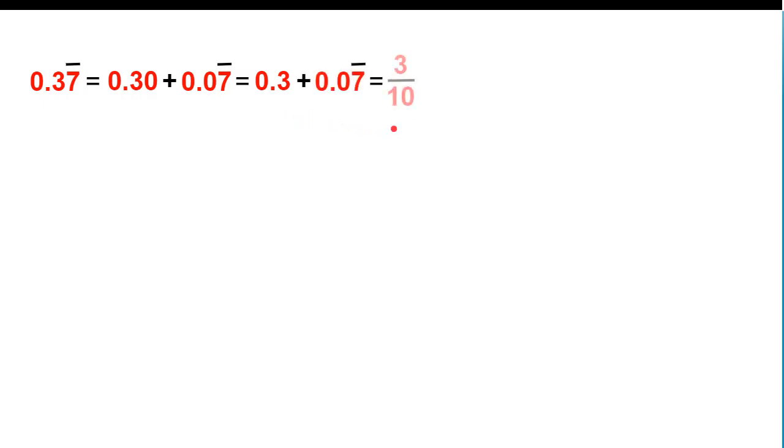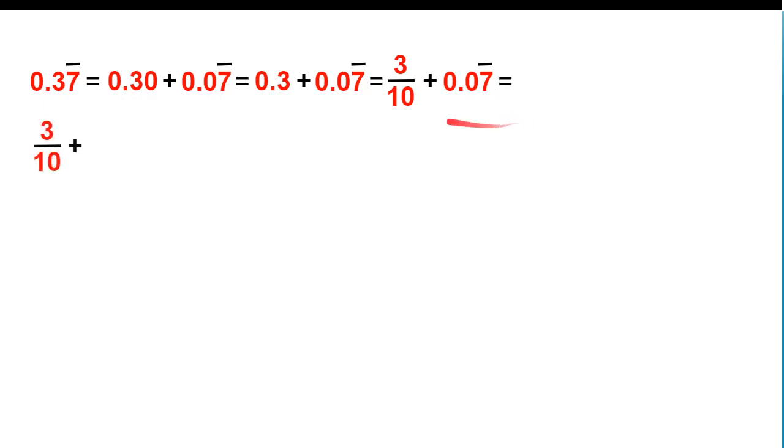0.37, where only the 7 is recurring. So we write 0.30 plus 0.07, where only the 7 is recurring. 0.30 is 0.3, and 0.3 is 3 over 10, and the 0.07 recurring remains the same.